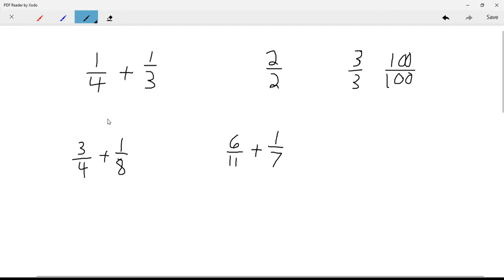So we need to find a denominator that we can multiply both of these by, or we just need to make these denominators the same. So the way to do this is basically to find what they call the least common denominator.